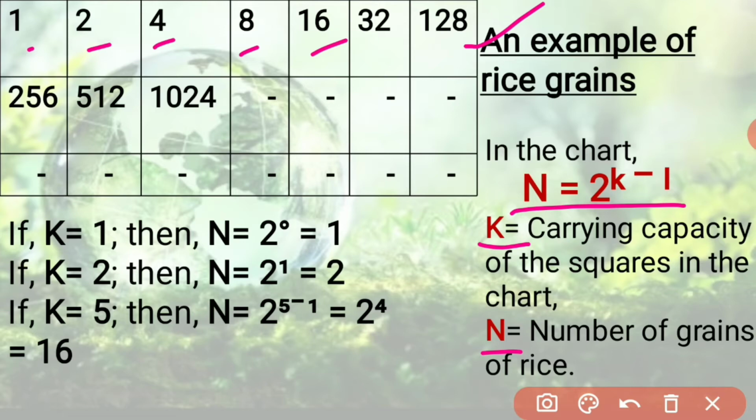Here we can see that the exponent or power increases as we go from square to square, right? If k is equal to 1, that means for the first square N will be 2 to the power 1 minus 1, that means 2 to the power 0, that means 1. But if k is equal to 2, that means for the second square, then N will be 2 to the power 2 minus 1, that means equal to 2, and so on.